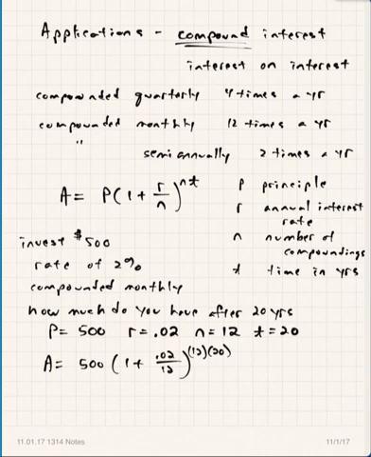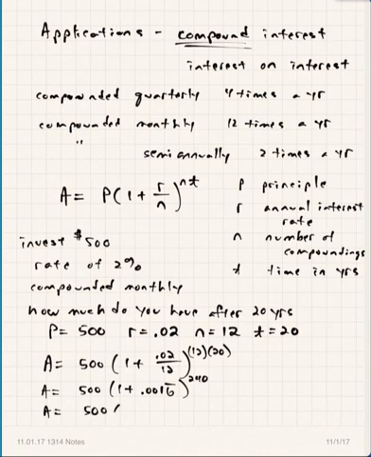I'll do a little bit of the bits and pieces there. First of all, 0.02 divided by 12 is 0.0016, and the 6 repeats. And then 20 times 12 is 240, like that.